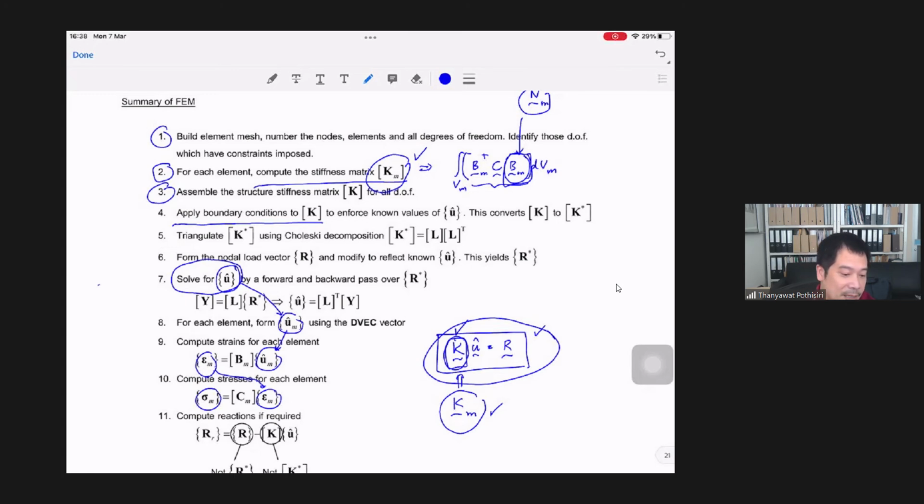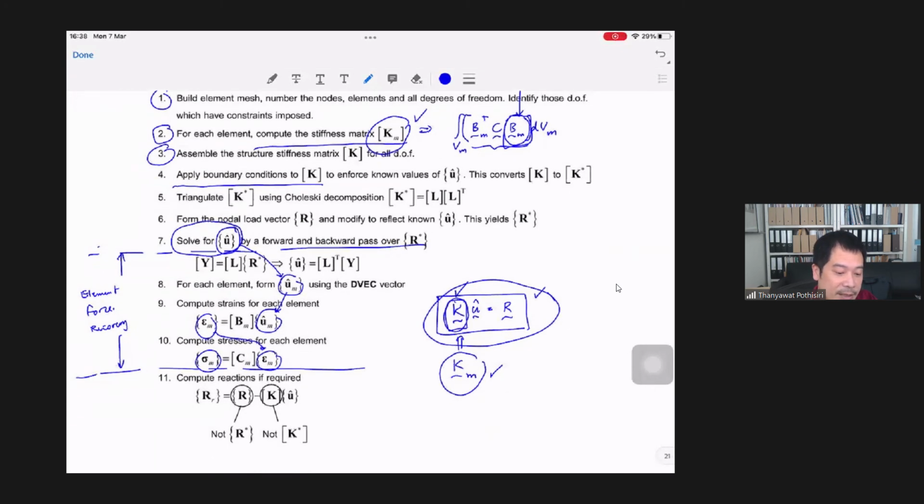So from the nodal displacement of the structure, you can do what we call the element force recovery. So you can recover any quantities of interest within your element based on the obtained nodal displacement of the structure. Or you can compute the reactions of the structure as well, if you like.